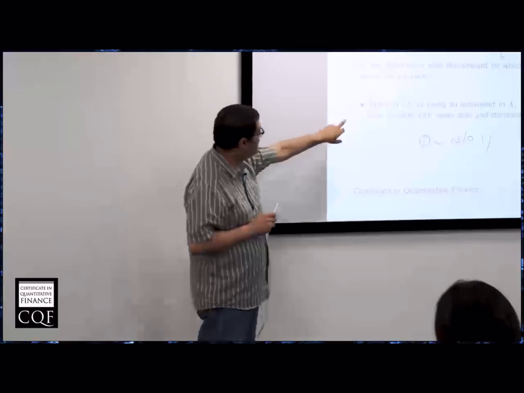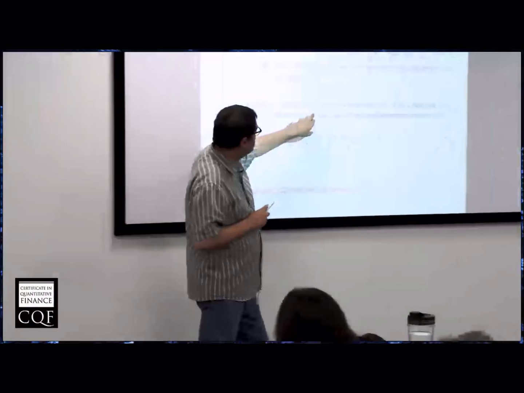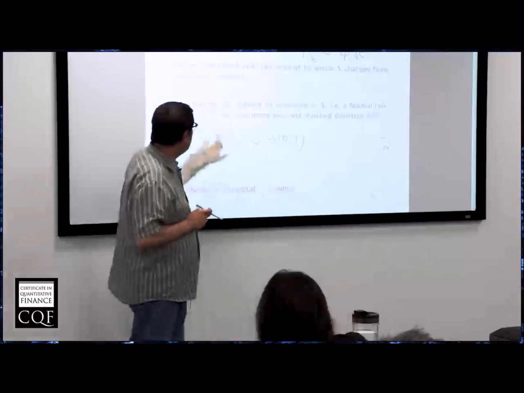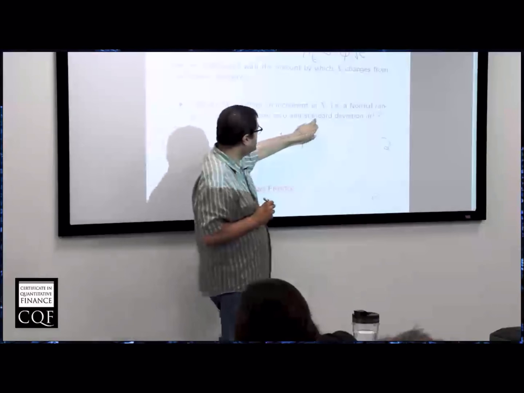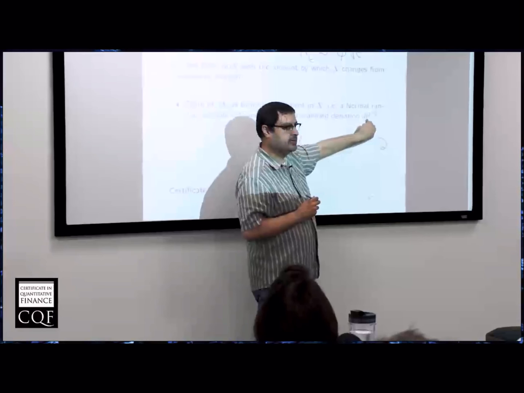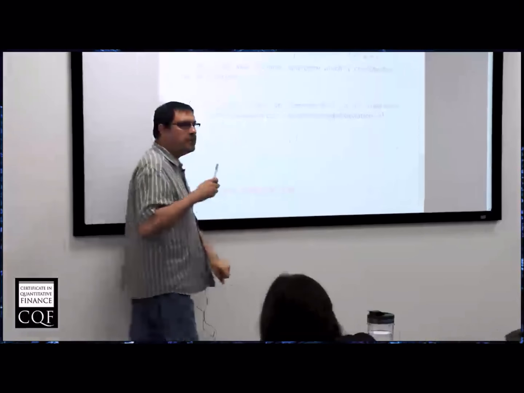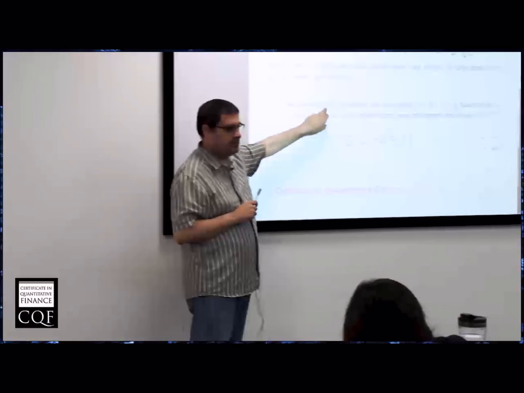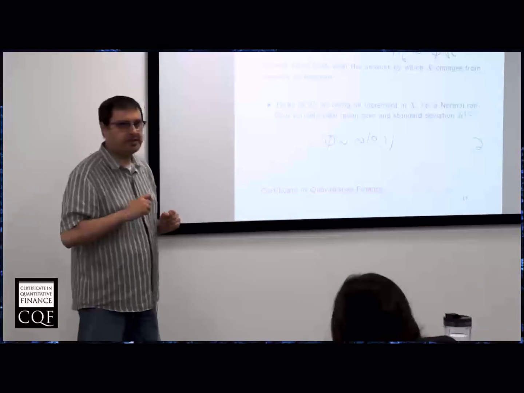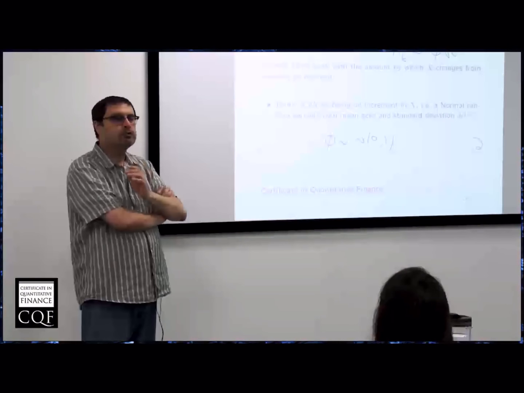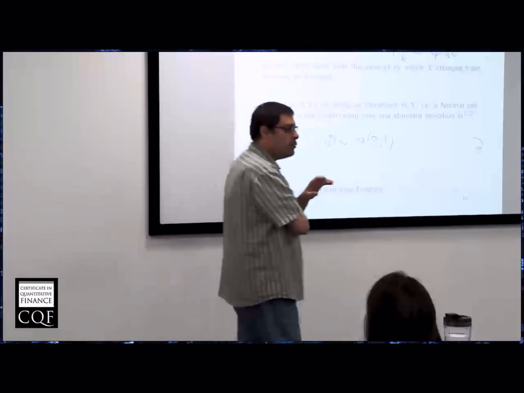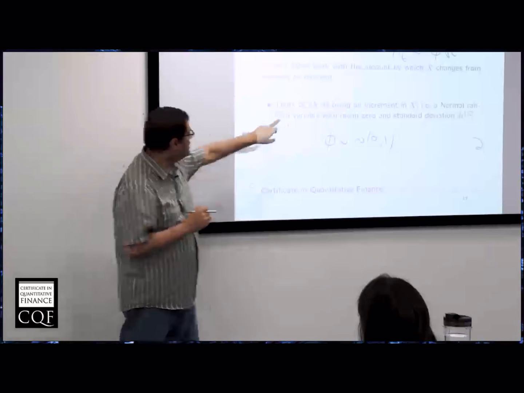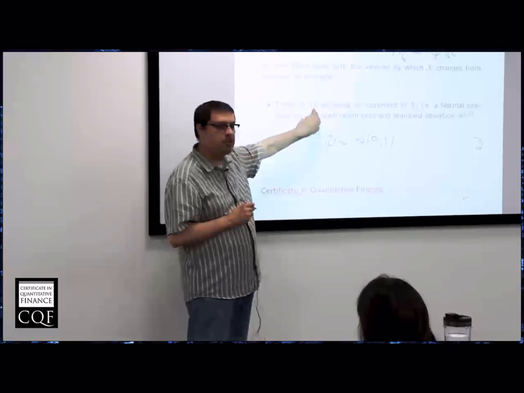So this is what Paul is saying here. Think of dx as being an increment in x, i.e. a normal random variable with a mean of 0 and a standard deviation of that. Because rather than x, we're interested in dx, because we're going to be looking at stochastic differential equations. When you look at differential equations, we're interested in small changes, aren't we? So what we're interested in here is dx as opposed to x.